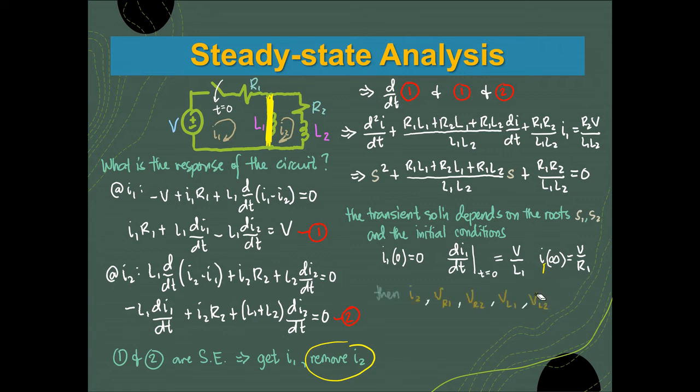Then you can express I1 given the initial conditions, and you can already get I2, VR1, VR2, VL1, VL2. Then you can understand the behavior of the circuit. That's the idea, and that defines the circuit and also the steady state analysis. Now, why is it steady state analysis?